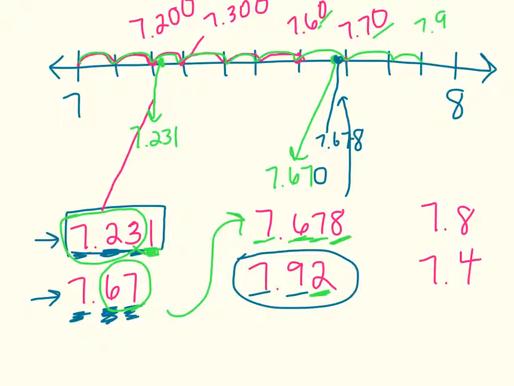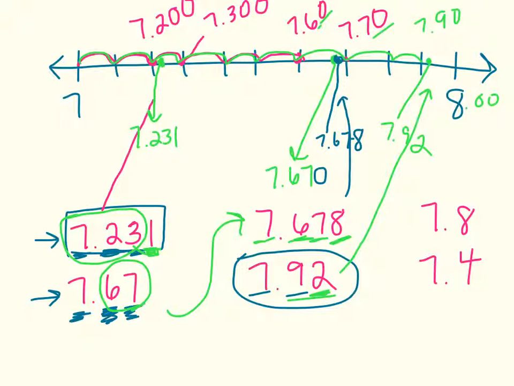So if this were $7.90, my next number is 8, like $8. And I know that 92 is going to be closer to 90 than it is to $8. So I'm just going to go barely in front of 7 and 9/10 or 90 hundredths, and label this as 7 and 92 hundredths.